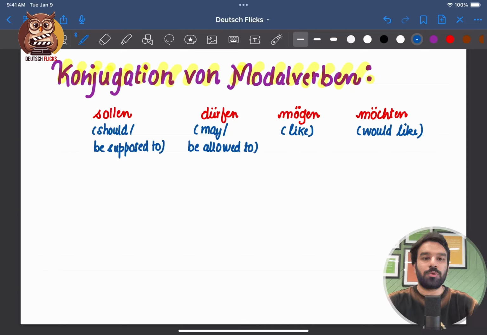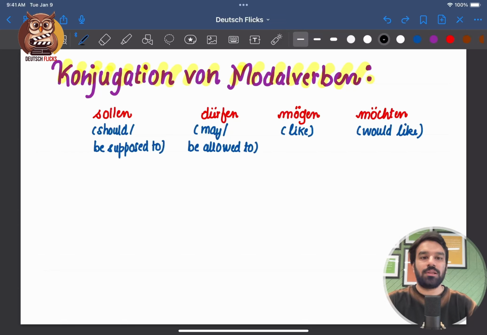So if you go to a restaurant or any fruit vendor, you will hear this verb a lot. So officially there are 6 Modalverben, 6 modal verbs. Möchten is not a modal verb, but it behaves like one. So hence I have written möchten here. Now what is möchten, that you'll get to understand in A2 and B1 level.